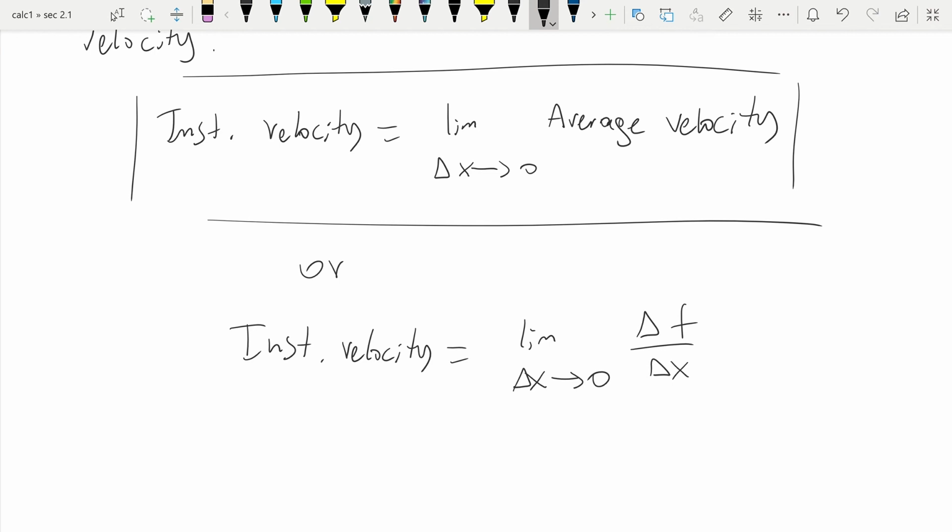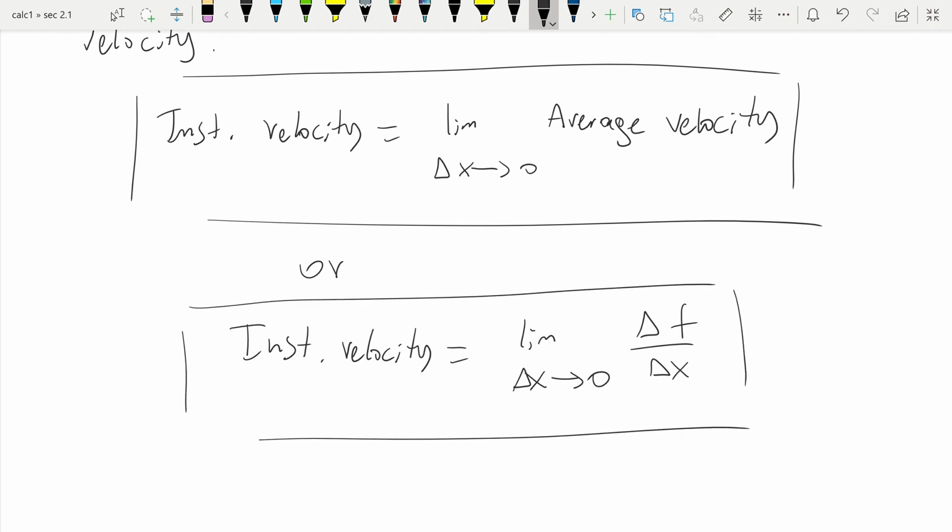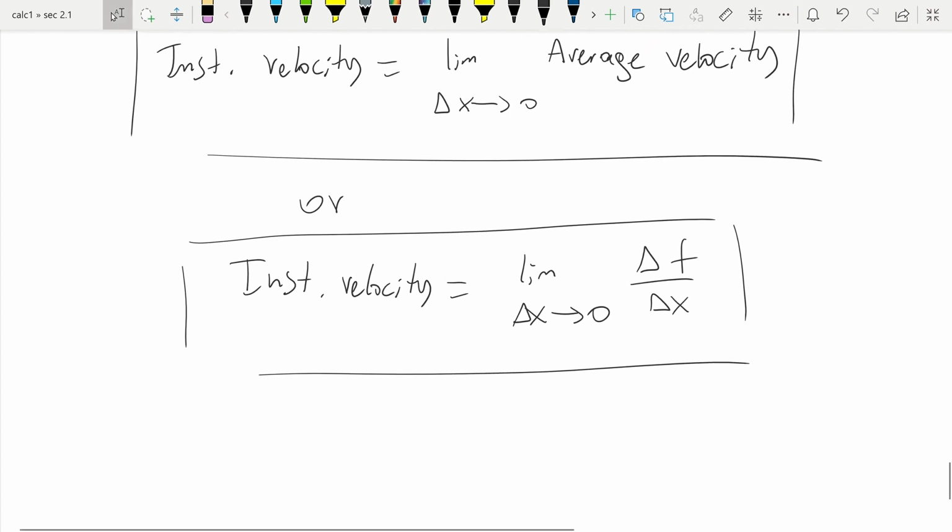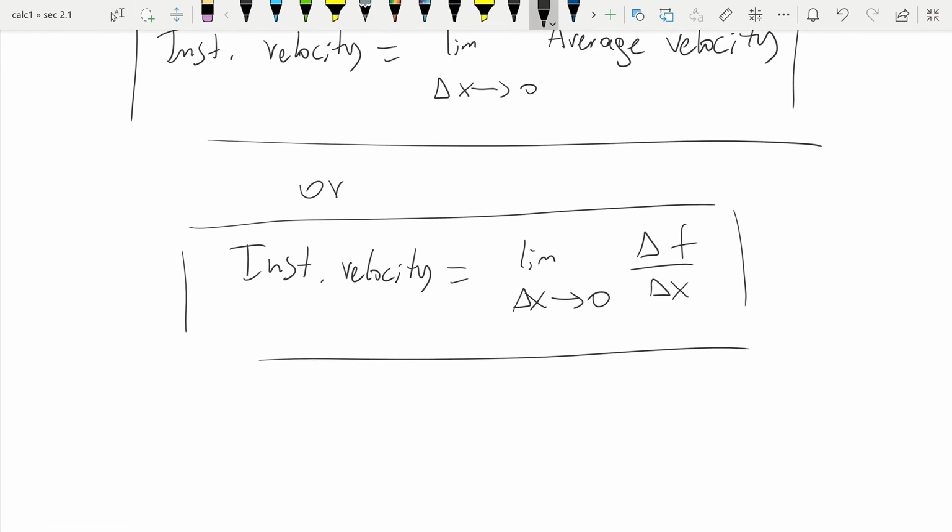Here remember that you have to be careful when trying to evaluate when delta x is equal to 0, because as delta x is getting closer to 0, delta f is getting closer to 0 as well. So the values of f at the endpoints are getting closer and closer. But we have one final expression for this, which is the one we use when we define the derivative.